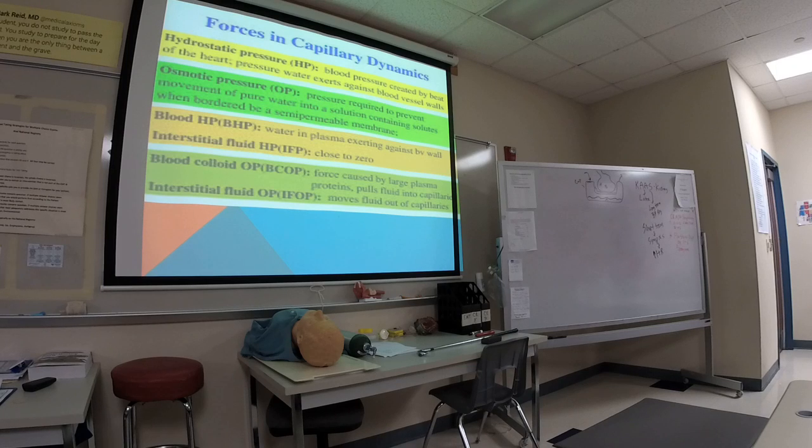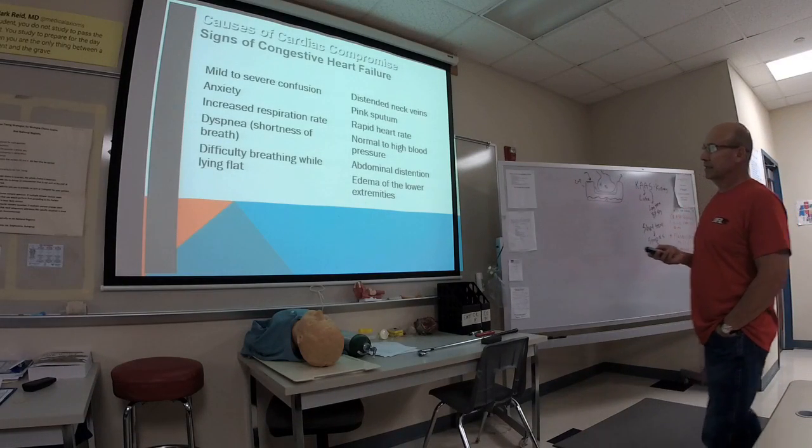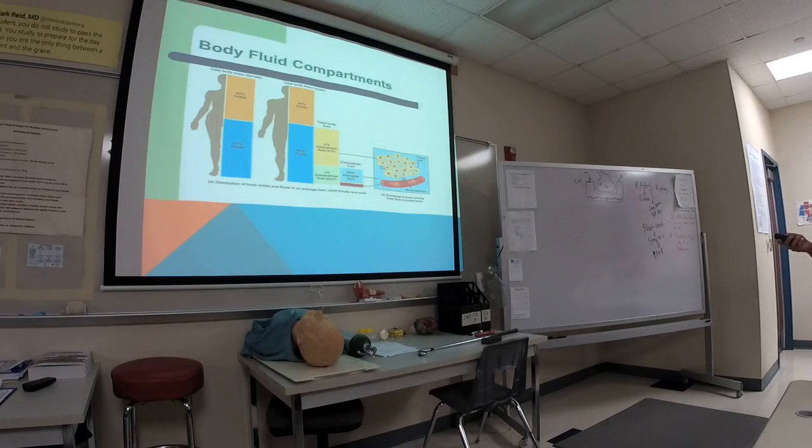So just be familiar with these different pressures because they are important. And we have these different fluid compartments. We're 40% solid, and 55 to 60% fluid. We're made up of water.